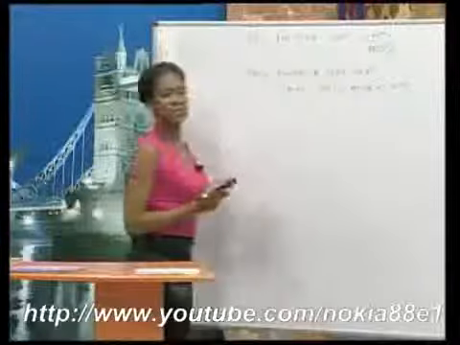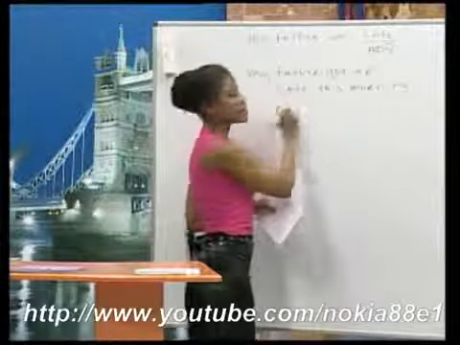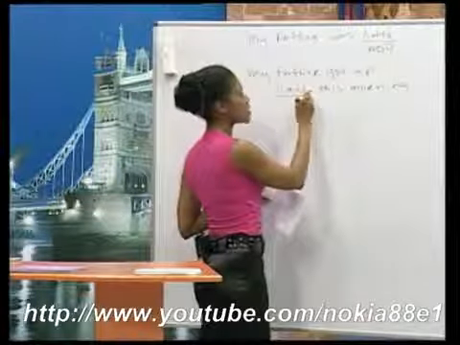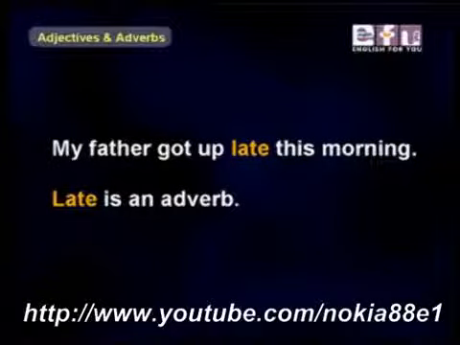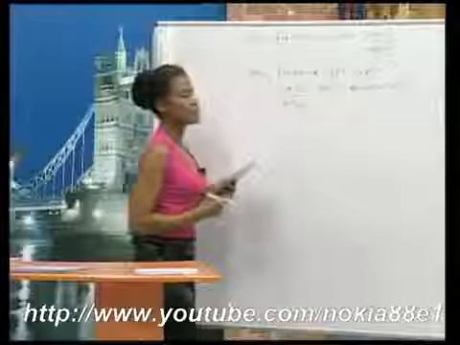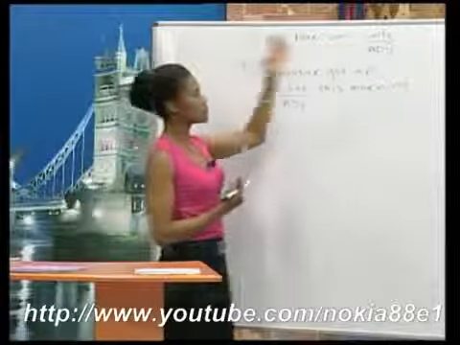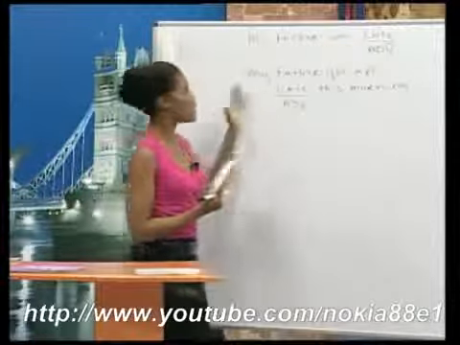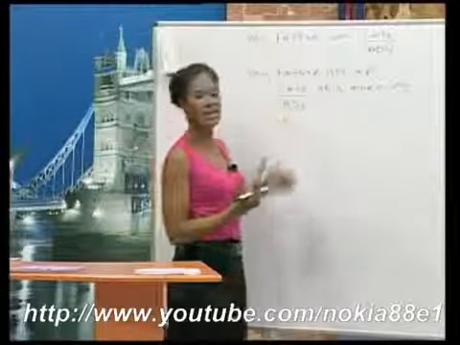So the two sentences are saying the same information, but in this sentence, late describes how father got up. So that means late is an adverb. Let's take a look again. My father was late. Late is an adjective, but my father got up late this morning. Late as an adverb.